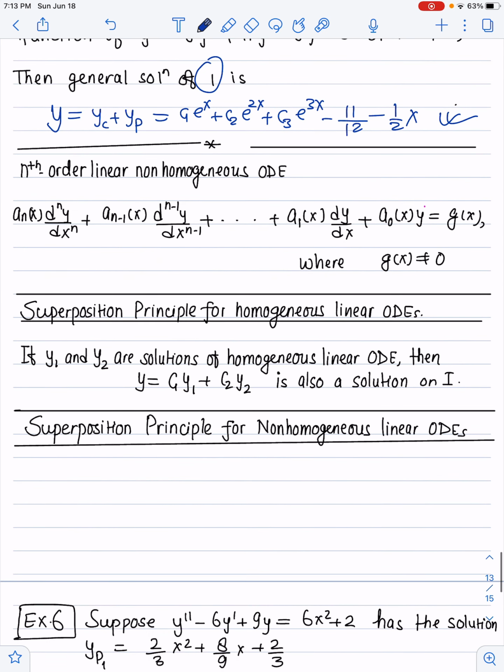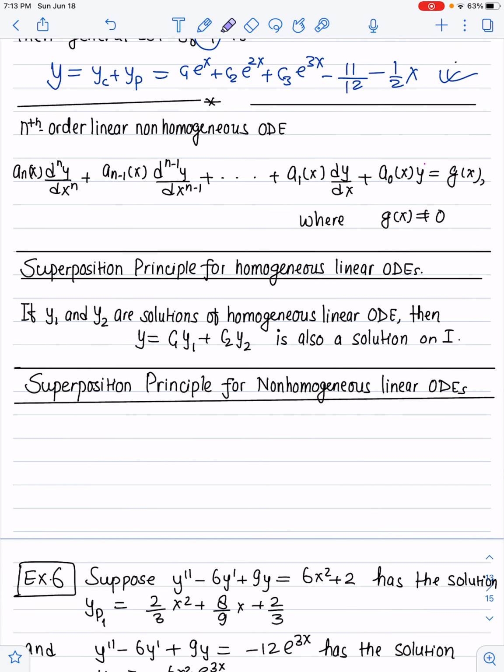All right, so again, let's just review here. An nth order linear non-homogeneous ODE is an ODE where g(x) is not equal to 0. Now we already know that by the superposition principle, the general solution of the homogeneous linear ordinary differential equation is this one.